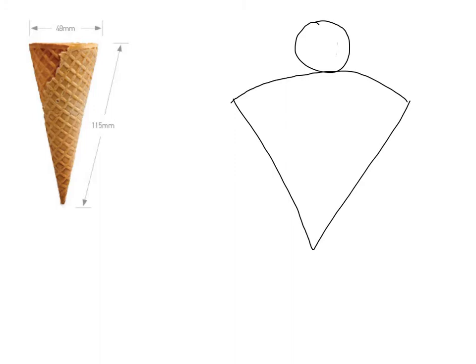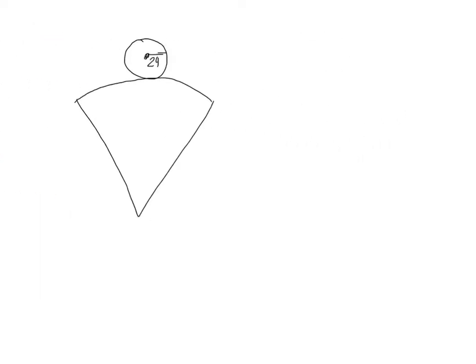Let's find the area of this base first. They tell us that the diameter is 48, and so the radius must be 24. Finding the area of the base, we're just finding the area of a circle, which is pi r squared. So that's pi times 24 squared, and 24 squared is 576.